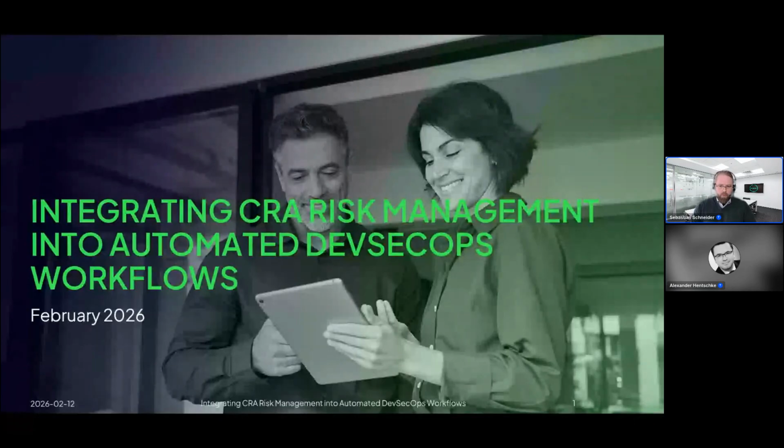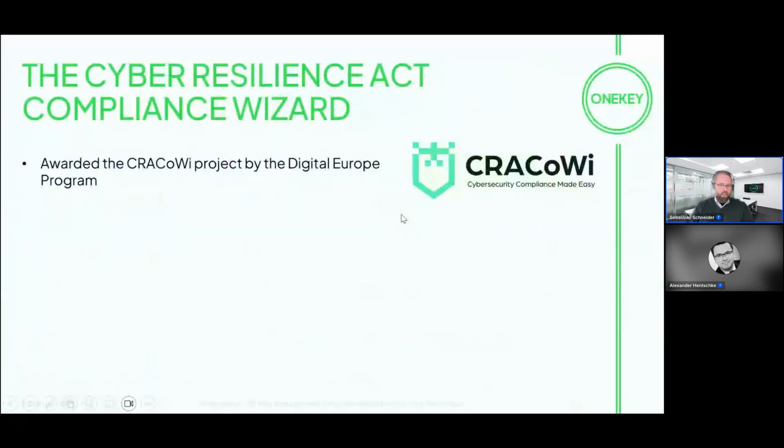Today we want to talk about the Cyber Resilience Act and how to actually factor in risk management into an automated DevSecOps workflow. Before we start, let me quickly introduce you to one of our projects, the Cracovia project. Cracovia was awarded by the Digital Europe program, and it stands for Cyber Resilience Act Compliance Wizard.